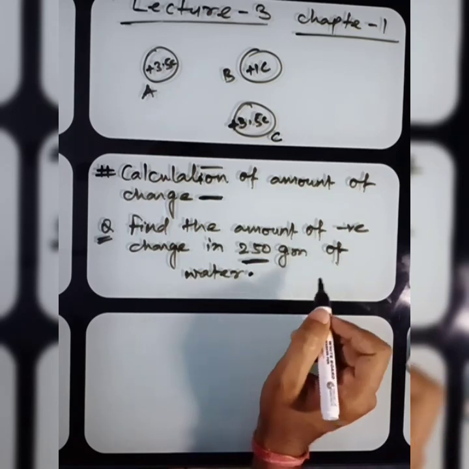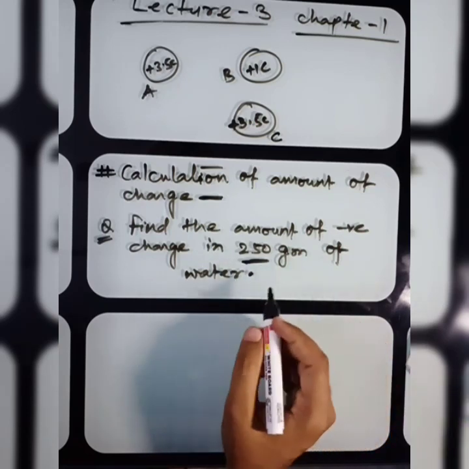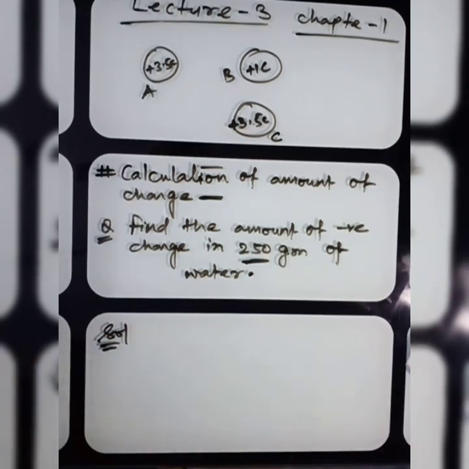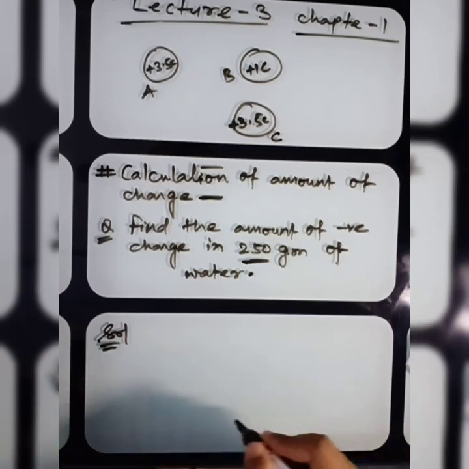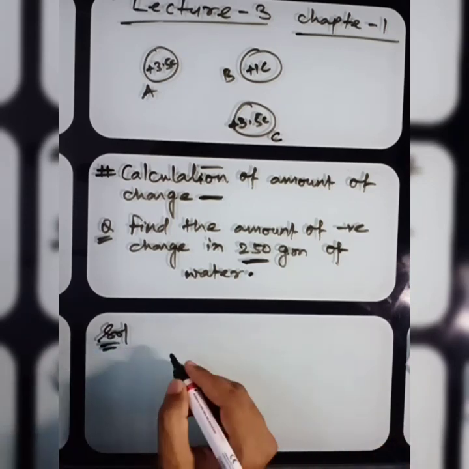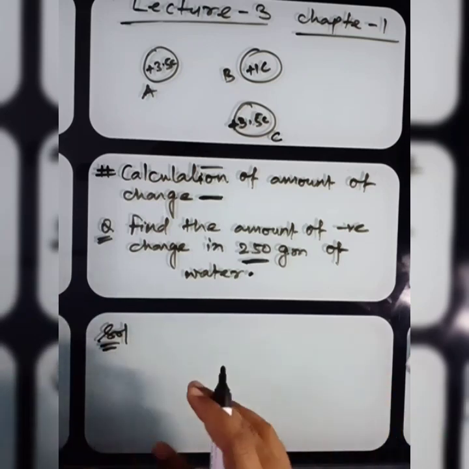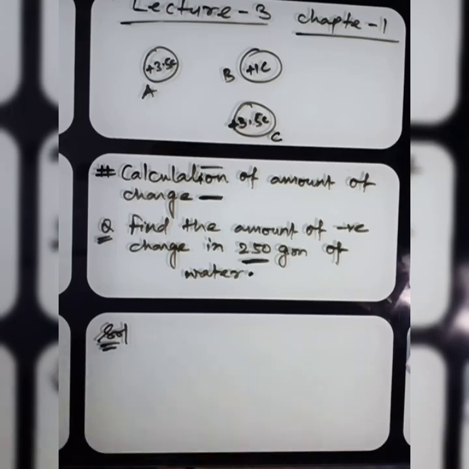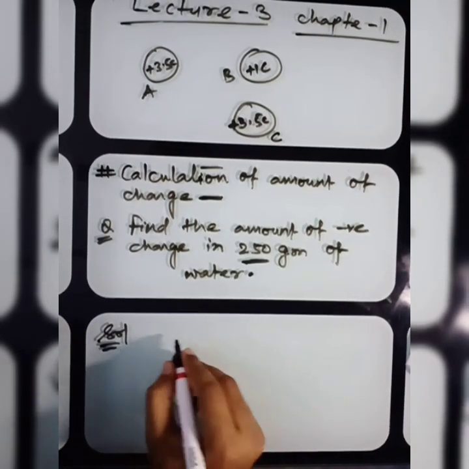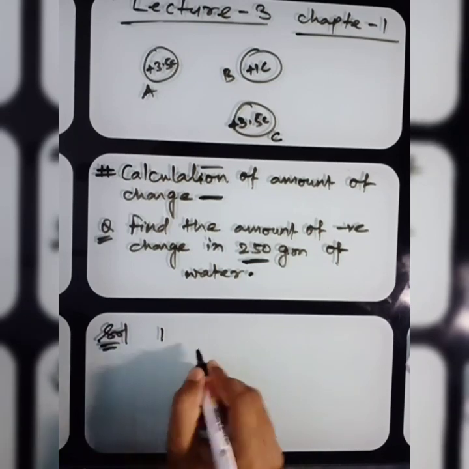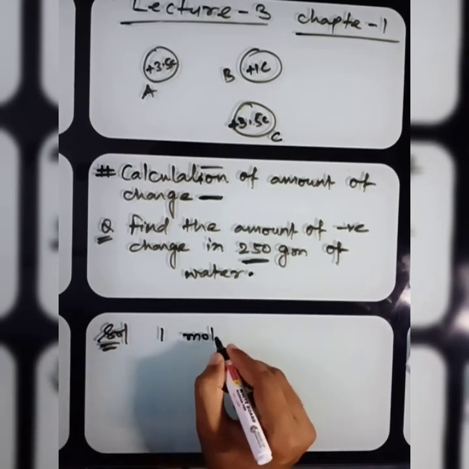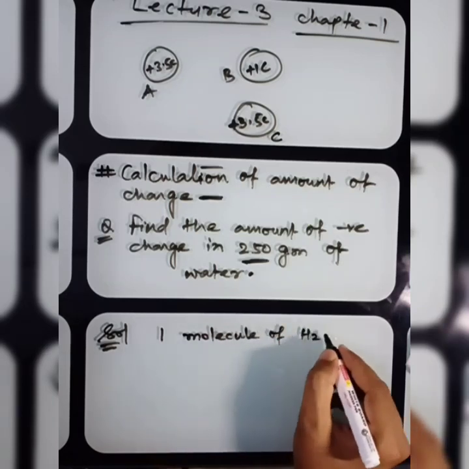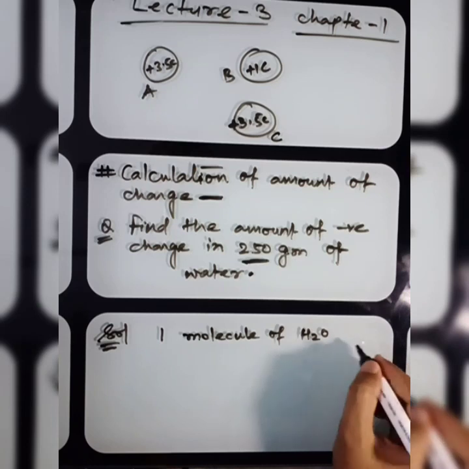Before solving this question, we should remember the value of mole and the number of electrons, Avogadro's number, etc. In 1 molecule of water, how many electrons are there?